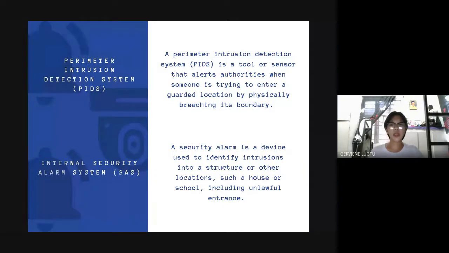Neighborhood security warnings are linked to a decline in robberies. Car alarms can aid in the protection of automobiles and the items within. Security systems are also used in prisons to keep track of the prisoners.